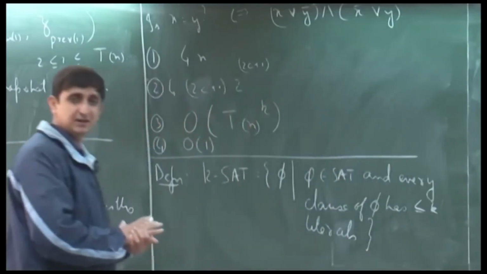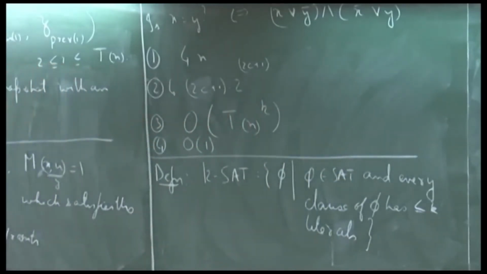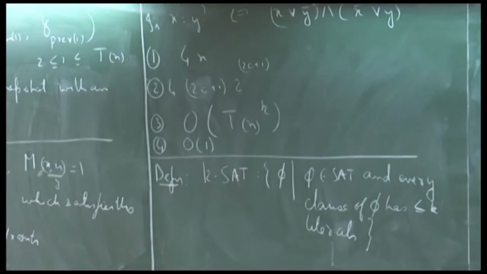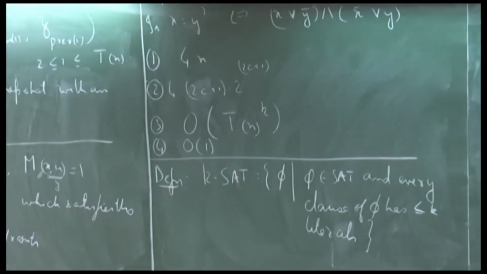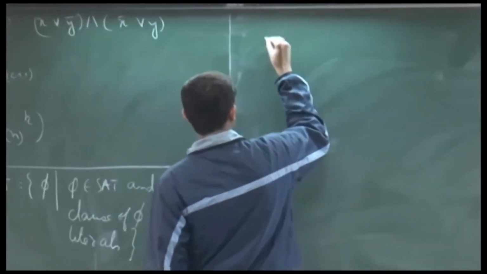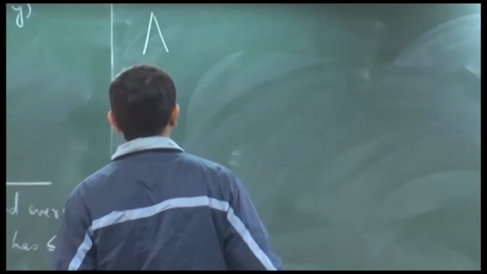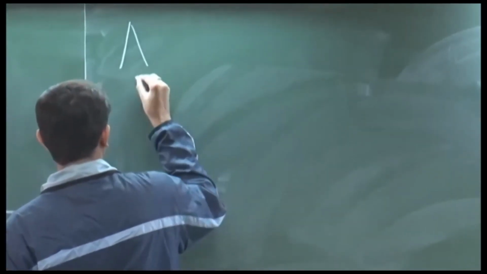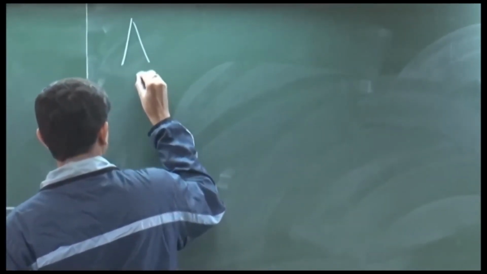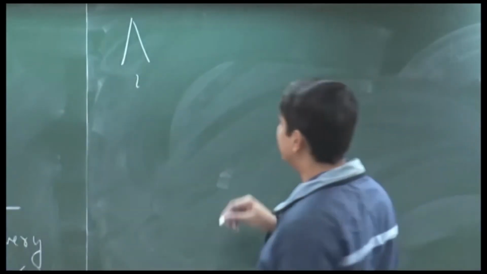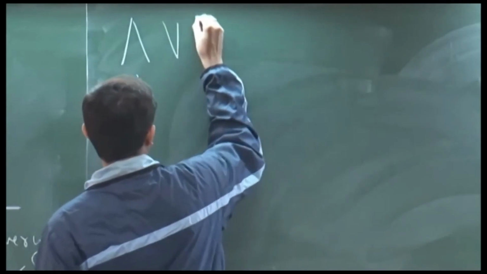So, did I mention last time what we mean by clause and literals? Okay, maybe I did not. So, if you look at a CNF formula, what is the structure that a CNF formula has in general? Every CNF formula is basically an AND. I can write it as a global AND of some clauses. Each clause is basically an OR of certain literals.